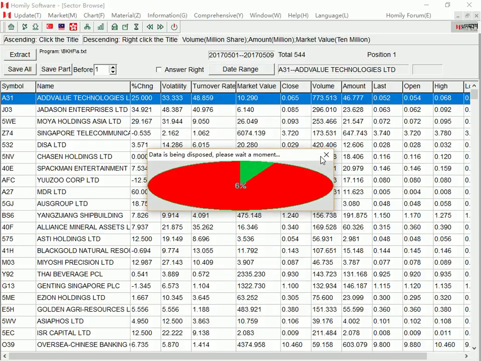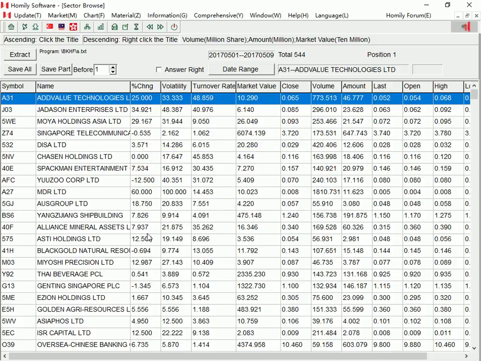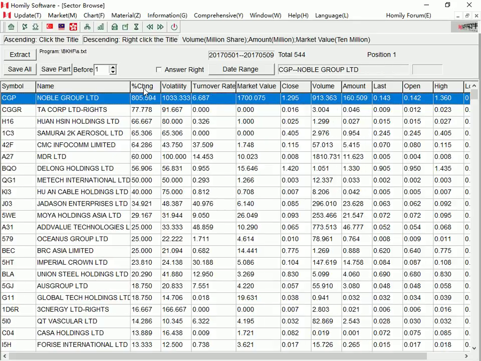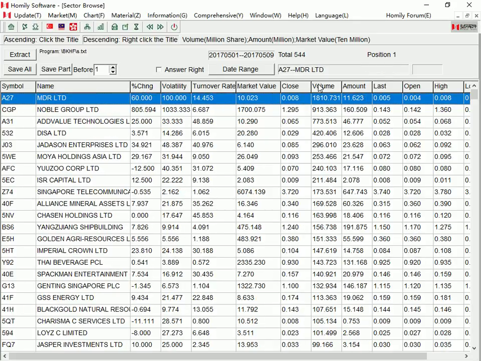Click OK. Then we can find which stocks are active. Okay, so these are the stocks. We right click percentage or volume, both can.